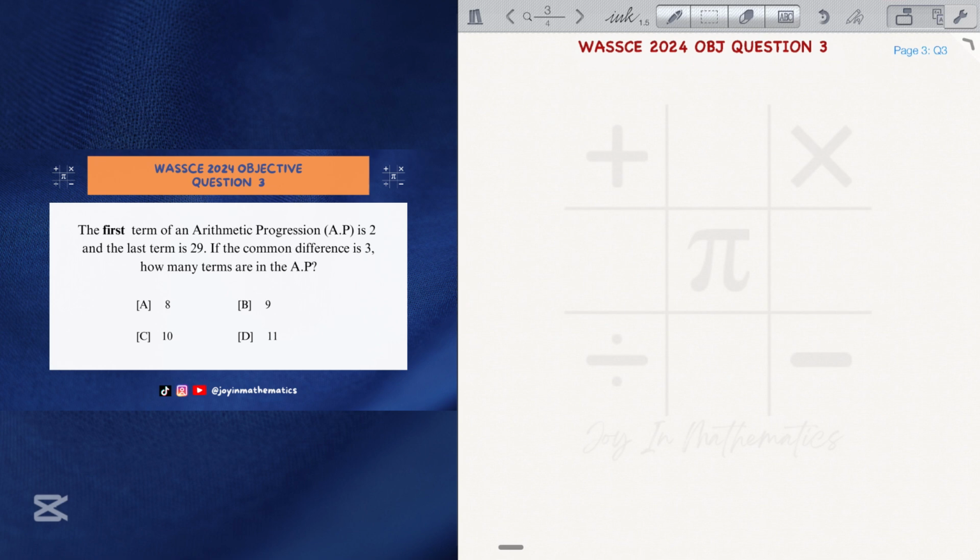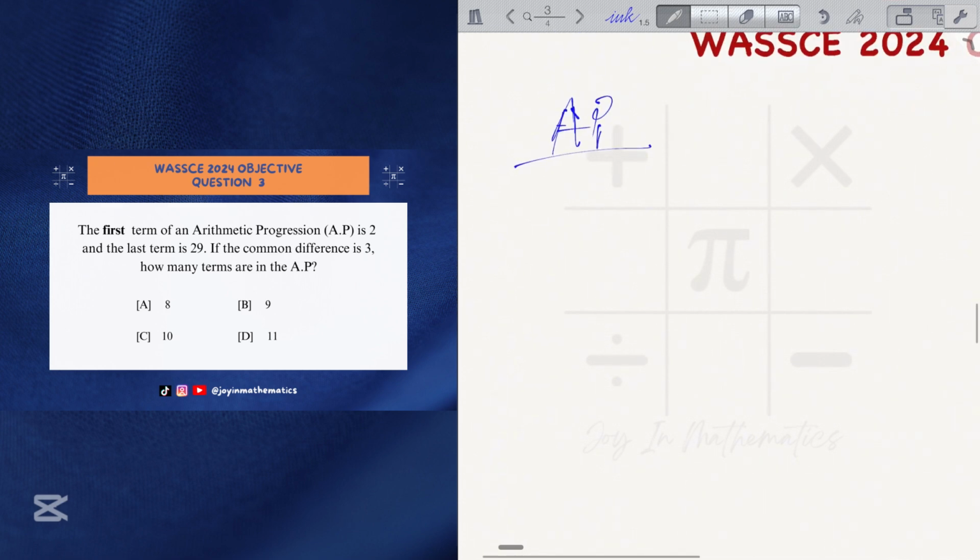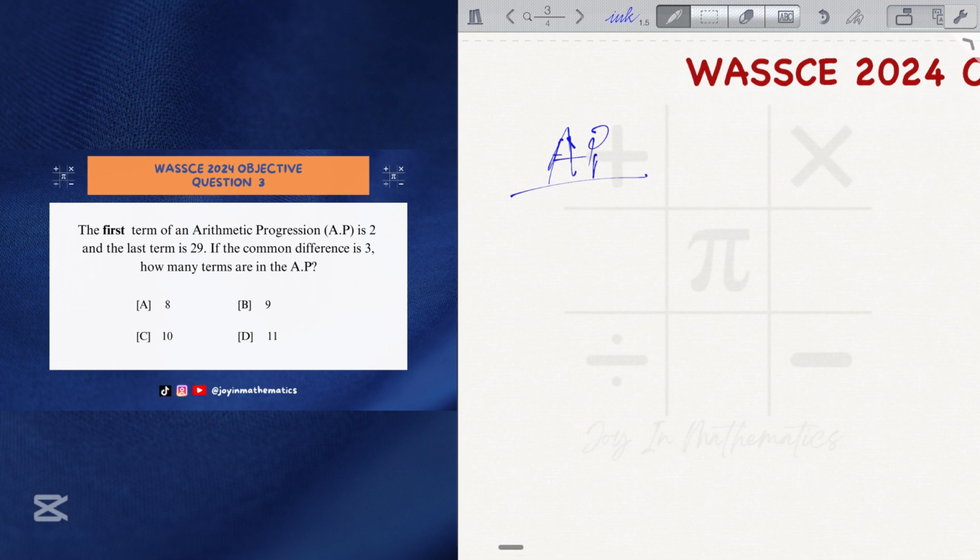So before we proceed, let's write out the formulas involved in arithmetic progression. In AP, that's arithmetic progression, we also have geometric progression, which is called GP. For now, let's focus on AP. The nth term of AP, Tn, will be equal to the first term a plus n minus 1 multiplied by d, where d is the common difference.